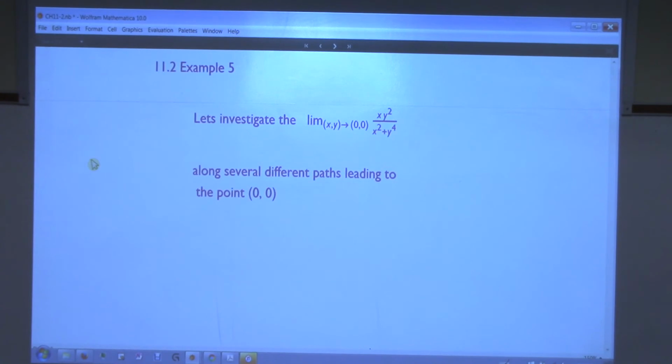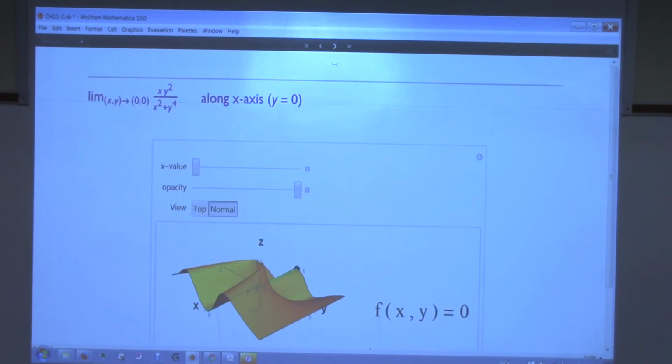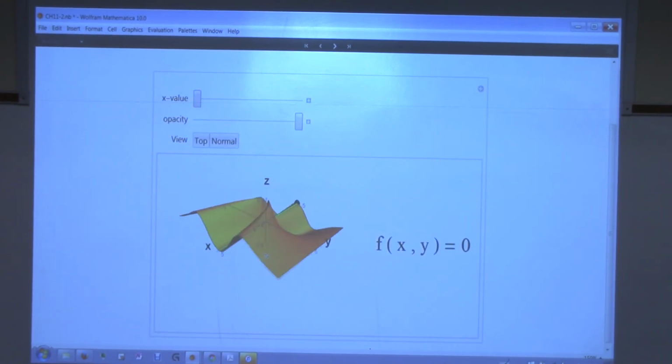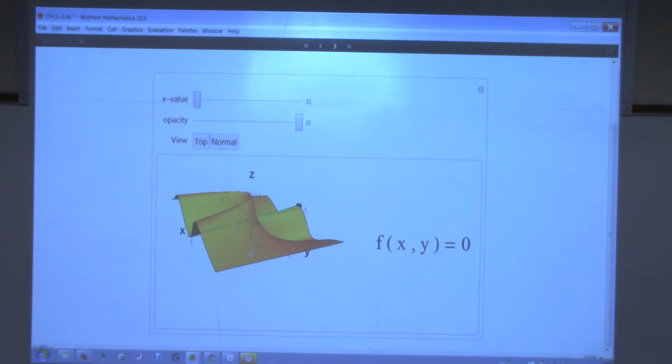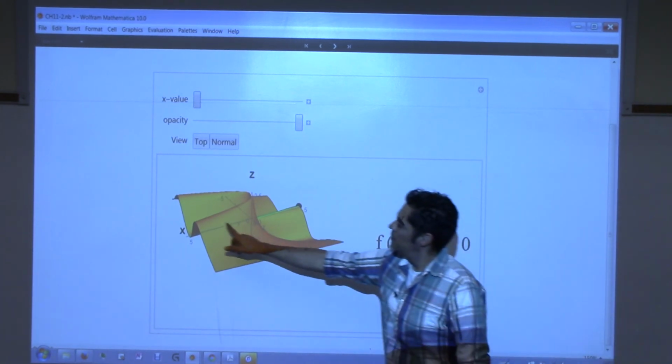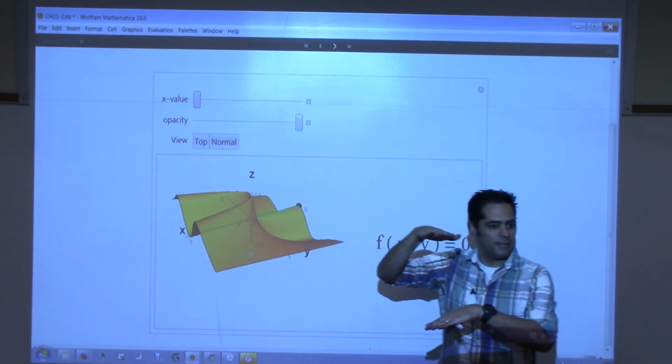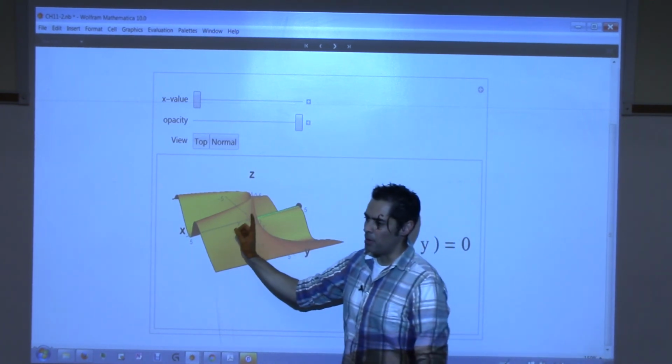There it is. Look at that top ridge. Can you see that top ridge? Right in there? That top ridge? You're walking along that top ridge, you're up at 1/2. That's that parabola.